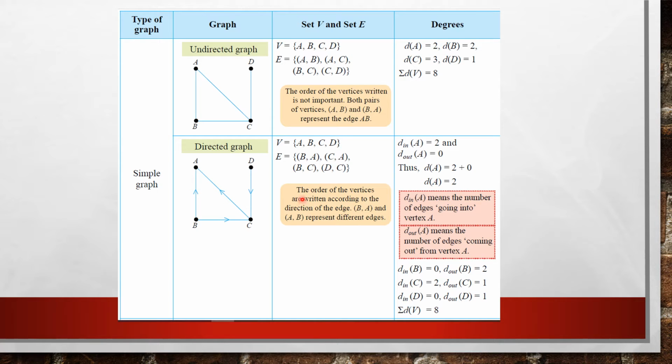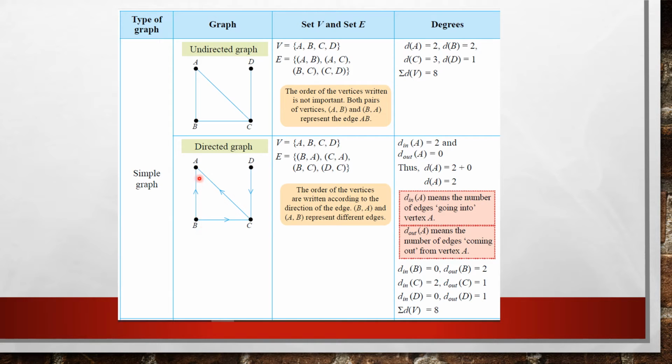You can read the explanation given here: the order of the vertices is written according to the direction of the edge. BA and AB represent different edges. So for a directed graph, you have to follow the arrow given.